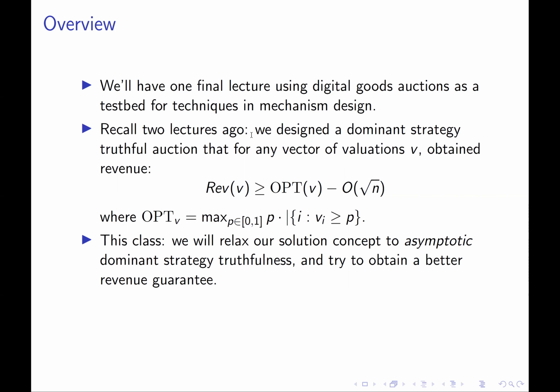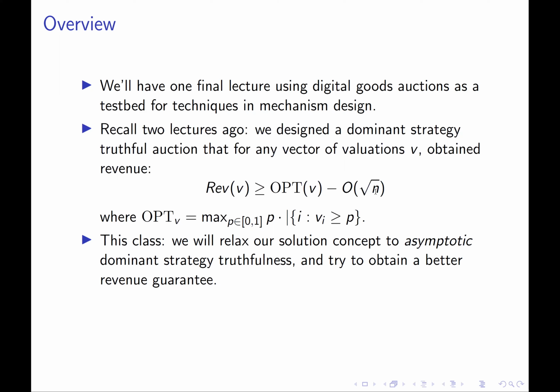And so in this class, what we're going to try to do is we're going to try to do better, but we're going to try to do better by giving something up. So what we'd like to do is we'd like to obtain a bound that is of the same form as this one. We'd like to approximate the revenue of the best fixed price in hindsight using an auction, but we would like the additive error to be better, hopefully a lot better than square root of n. But we might have to give something up if we're going to ask for a substantially better additive error.